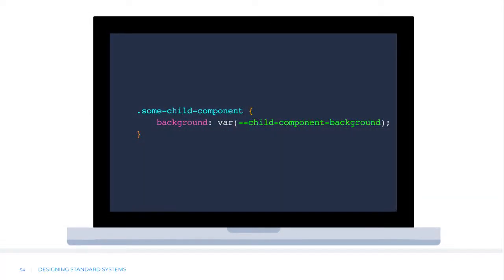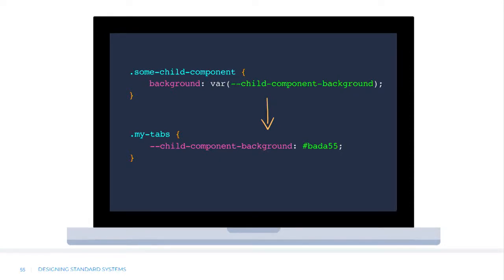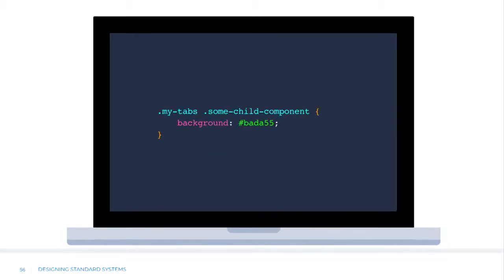But there's one unique thing for this to actually work: that child component needs to have an exposed CSS property for us to extend upon. Once it has that property exposed, we can use our context scope to change the styling of that child component. So here, in the example, when inside the context of our tabs, I'm going to change this background to badass. Now, in a world where shadow DOM encapsulation does not exist, it would actually be the same thing as writing this selector right here.